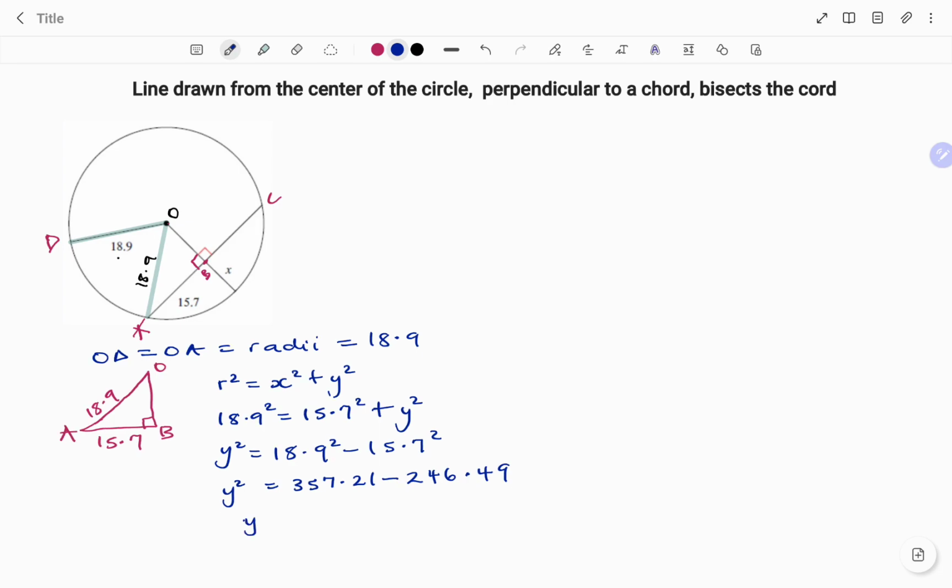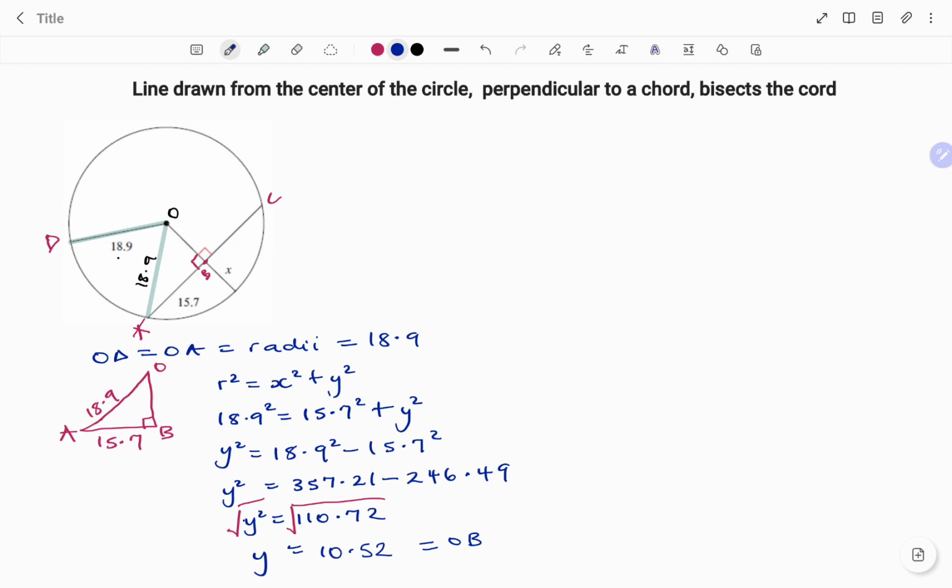Y squared equals 110.72. And to find y, I'm going to find the square root of both sides. Therefore, my y equals 10.52. Remember, my y is also equal to my OB.